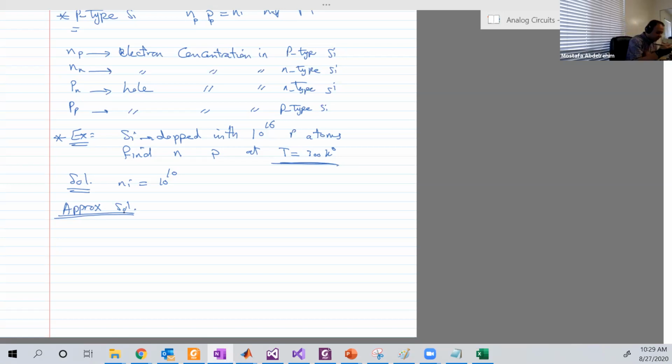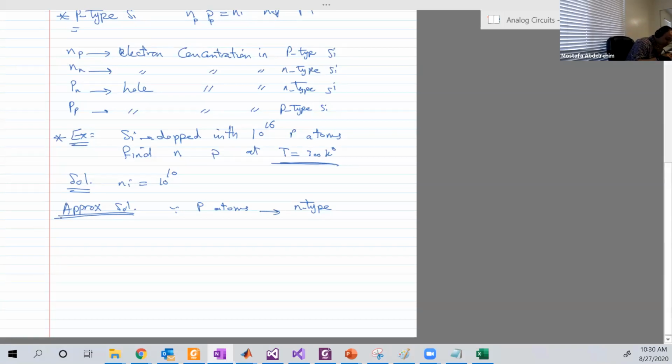So first thing here, since it's phosphorus, this will be N type, because phosphorus has 5 electrons, it will make a covalent bond with 4 and leave 1 electron free. So it will be N type semiconductor.